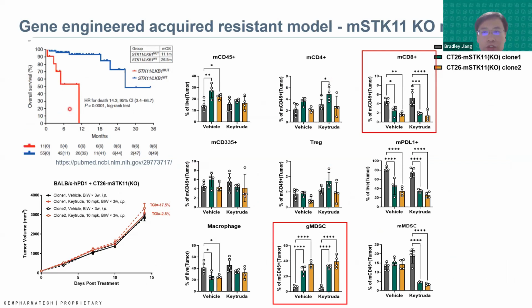In the engineered PD-1 resistant CT26 cell line, which we now call STK11 in CT26, this cell line showed no response to Keytruda. STK11 deficiency results in lower infiltration of CD8 T cells, along with significant accumulation of GMDSCs. Furthermore, this STK11 knockout was also associated with low PD-L1 expression.